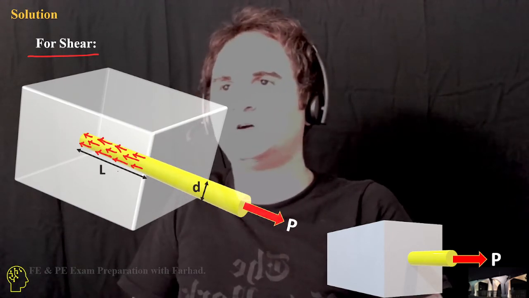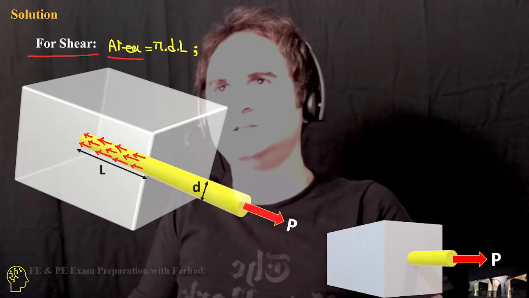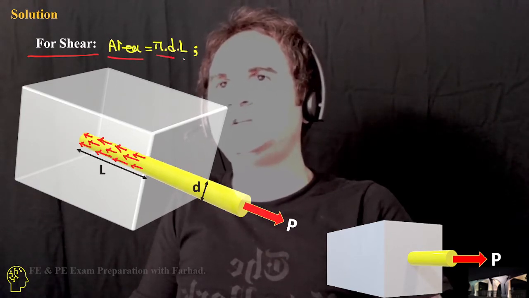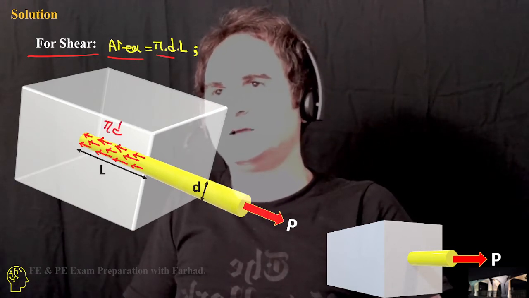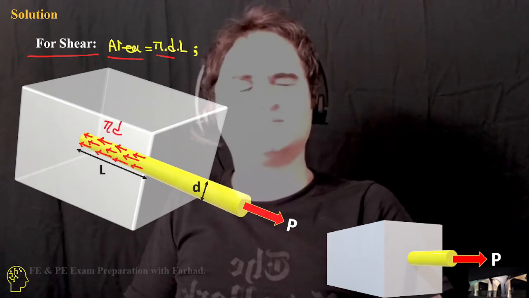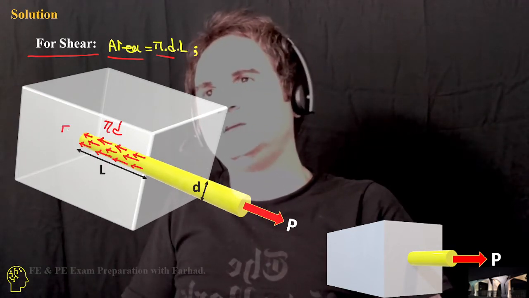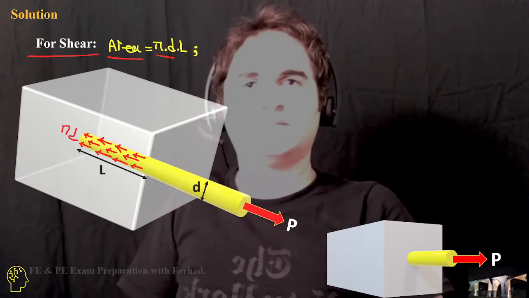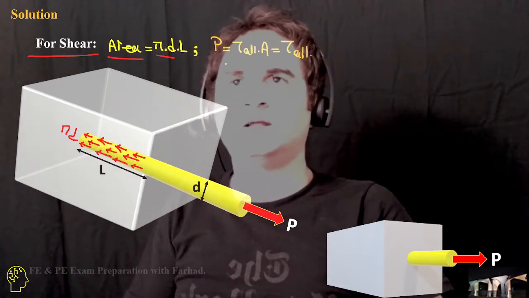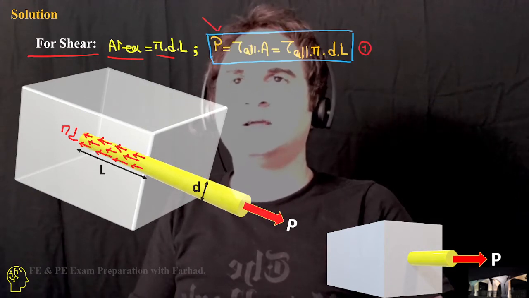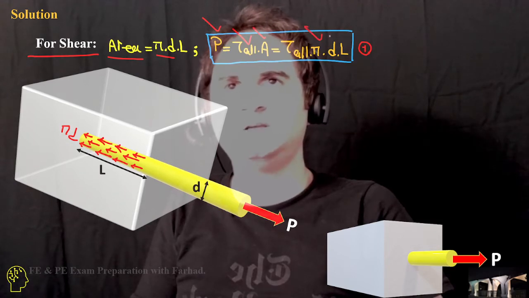So for the shear part, the area of shear is πD times L. That's two dimensions: one is πD if you open it wide, and the other one is L. So the total area is πDL, and then force is just shear times the area. So that's tau allowable πDL.